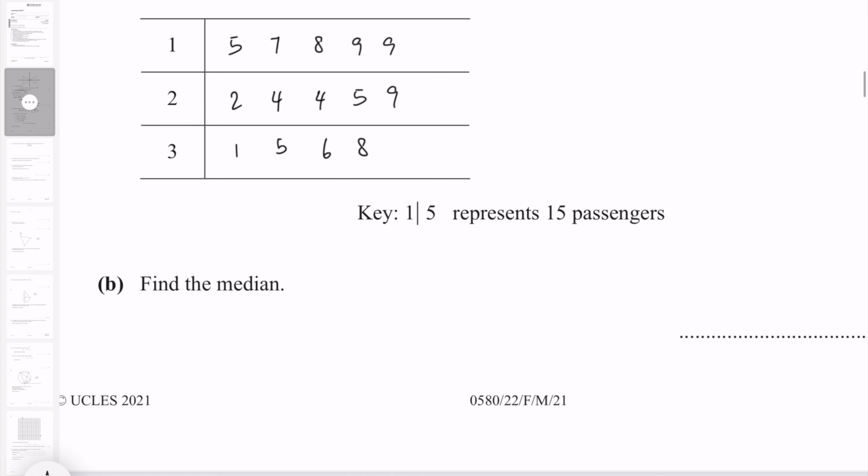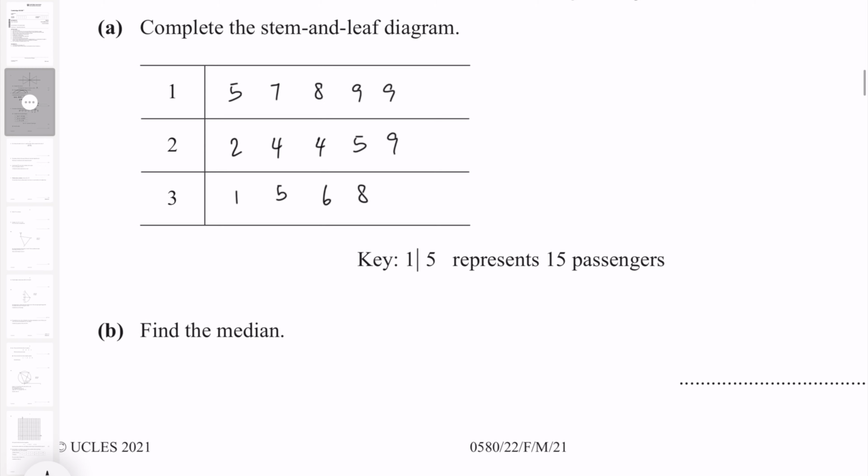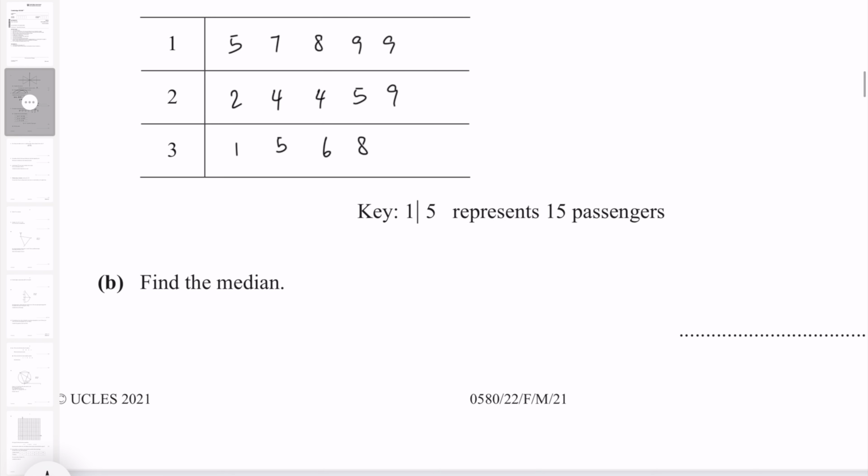Now find the median. Okay, so I want the middle number. There's 14 numbers. The median position is 14 plus 1 divided by 2. It's an even number of values, so I have to add 1. So that's 7.5. 7.5th position.